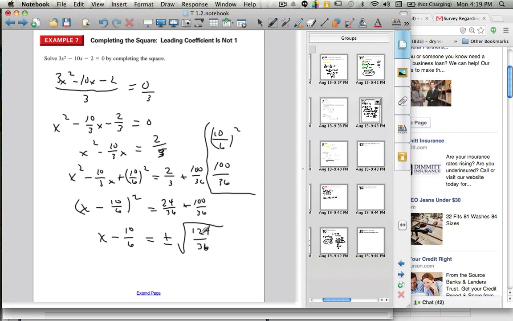Okay, so 124, I can factor a 4 out of that. So this will be plus or minus, so that's going to be 4 times 31. So I'll have the square root of 4 times the square root of 31 all over the square root of 36, which is 6.